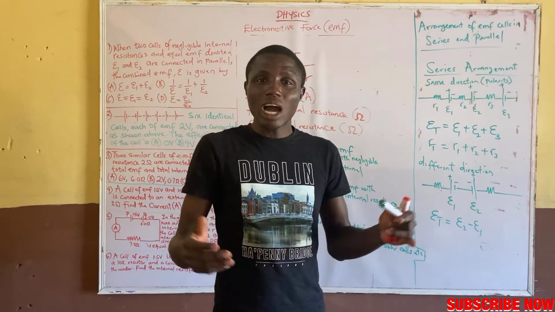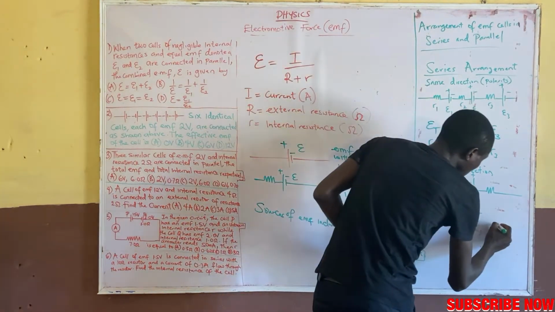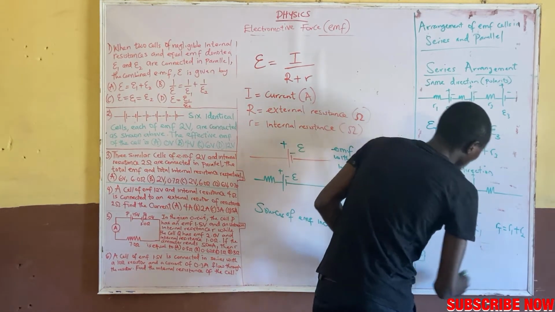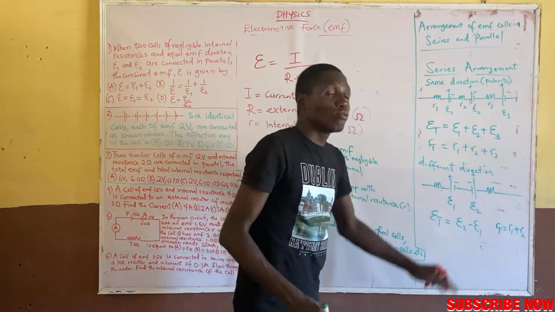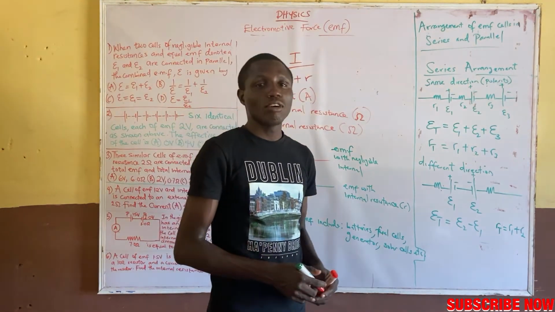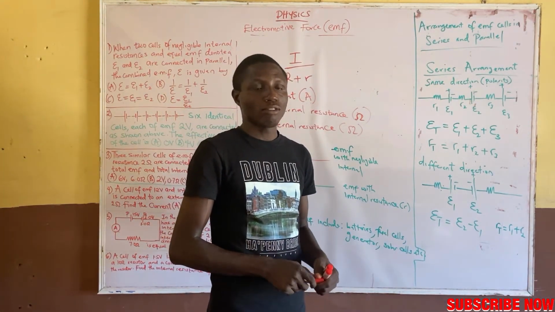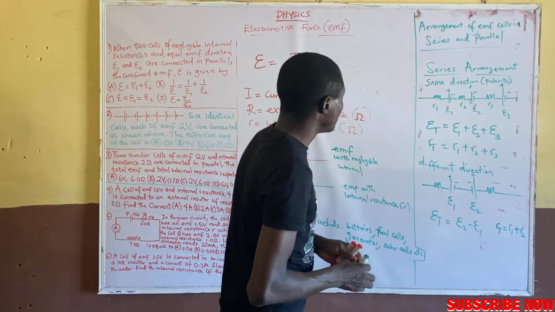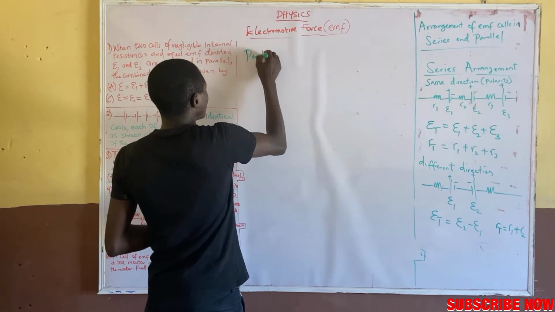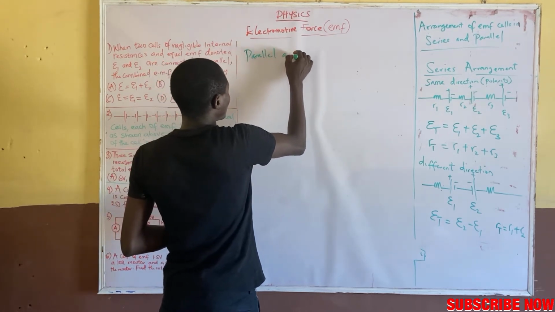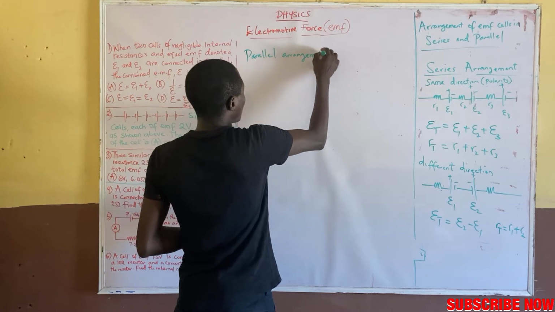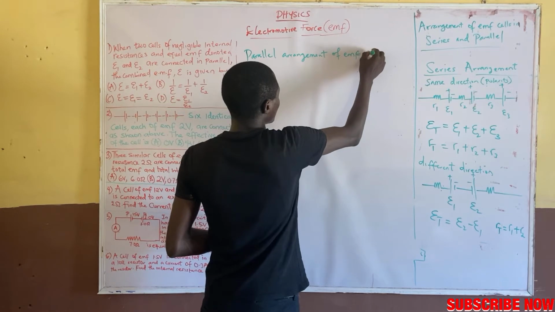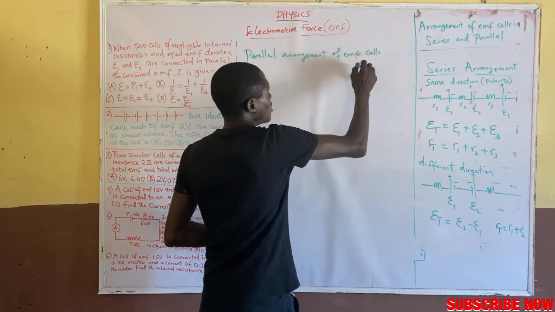The total resistance here will be R_T equal to R1 plus R2, while the EMFs you subtract from each other. That's about series arrangement. Now the parallel arrangement of EMF cells in the circuit.